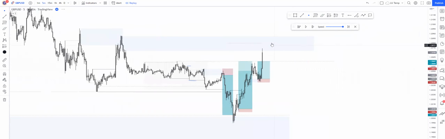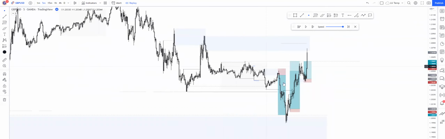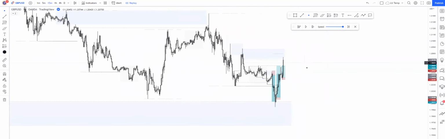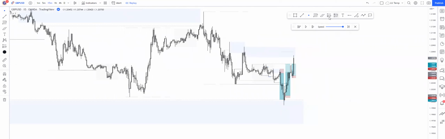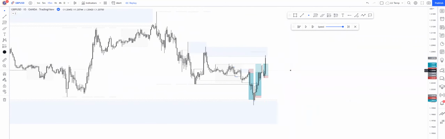So now we are in the higher time frame POI. All right, so now we're here. So we're gonna get some type of reaction. The reaction can be short or long, but for sure some type of reaction.